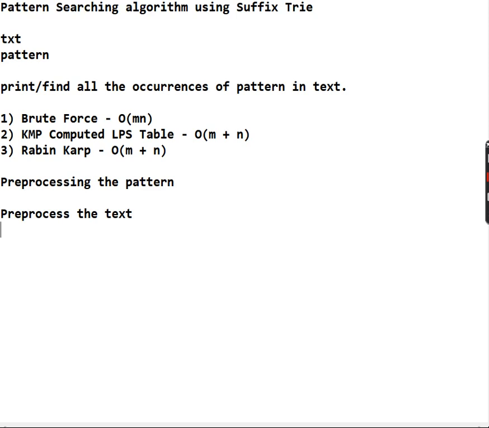Okay, and there is a cost, of course, associated with that pre-processing. But then, after pre-processing the text, the time complexity to search the pattern is only O of m. So this approach is very good when the text doesn't change often, when the text is not changing frequently and there are many search queries. In that case, this approach is very good.